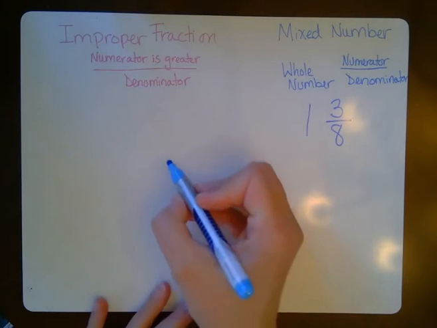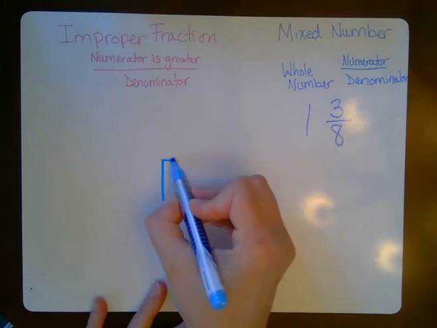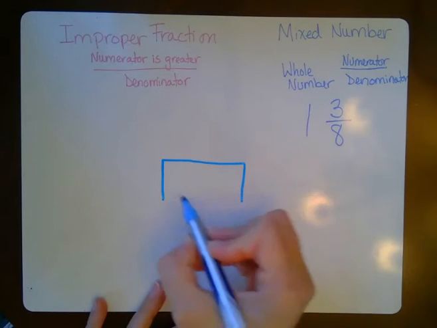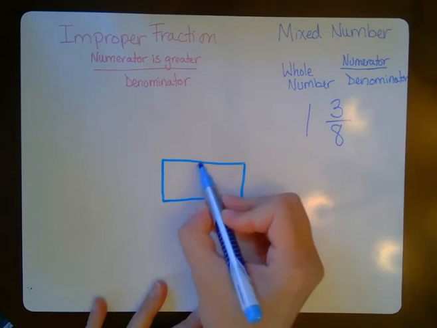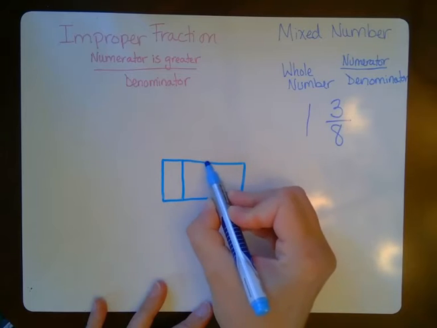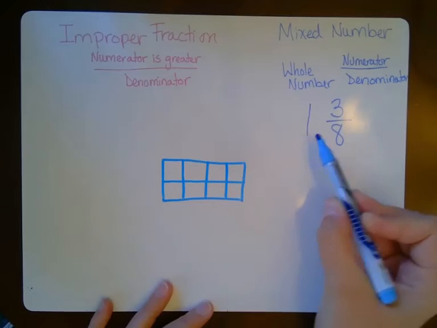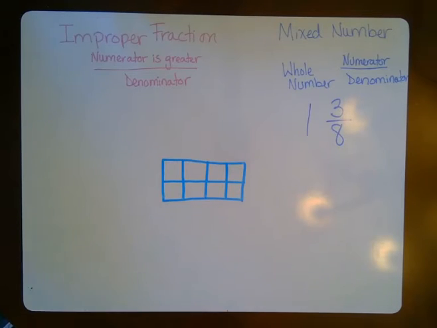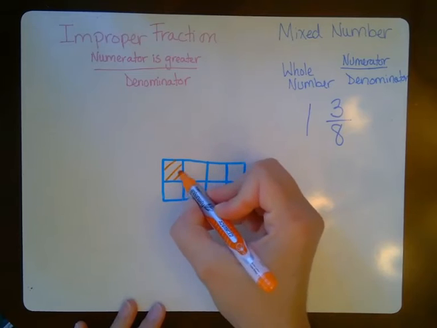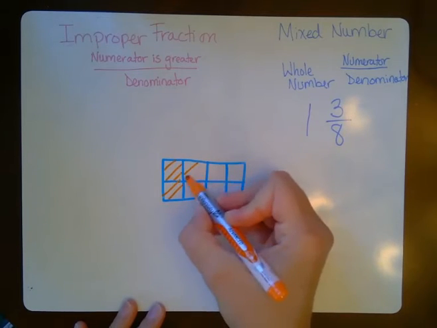So I'm going to start by drawing one model, and I'm going to split it into 8s. And I need to show that one whole model has been shaded in. So I am going to shade in one entire model.